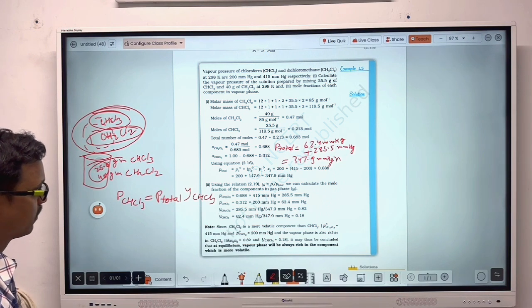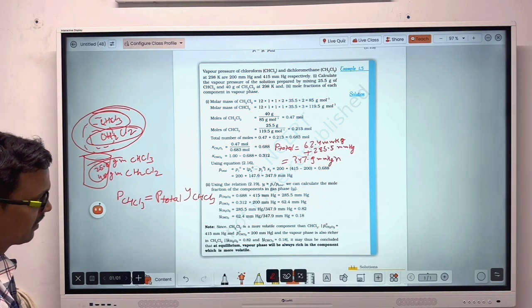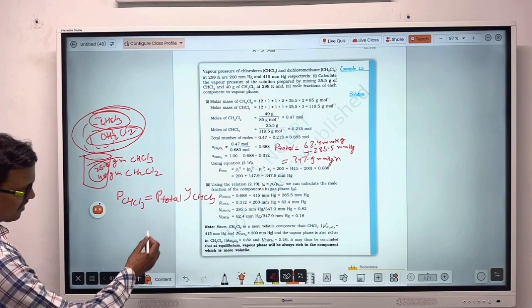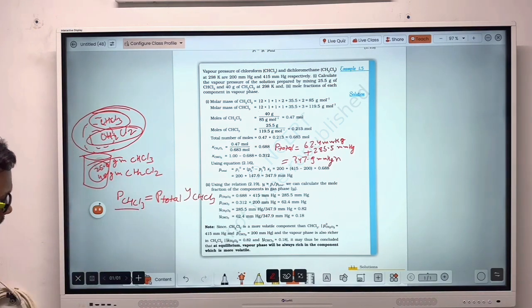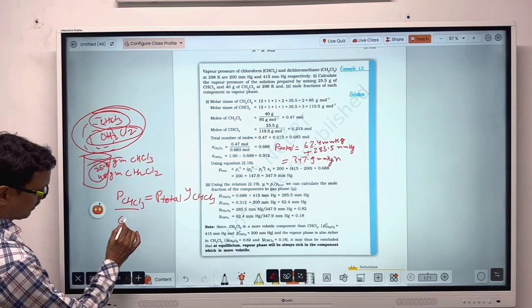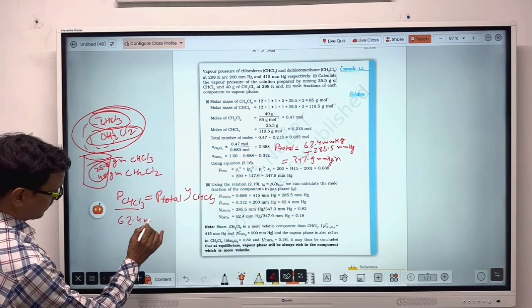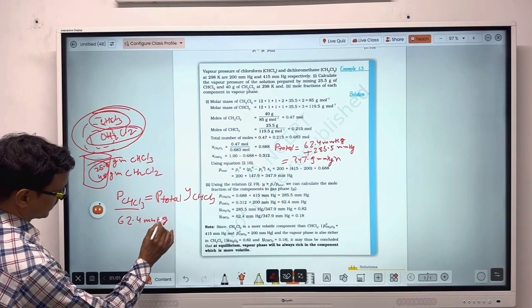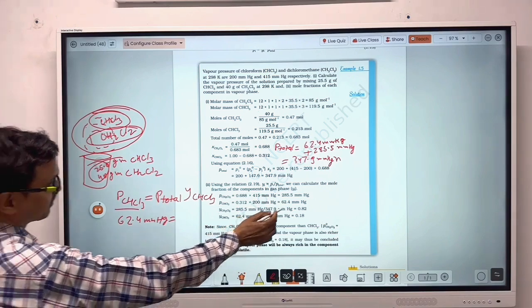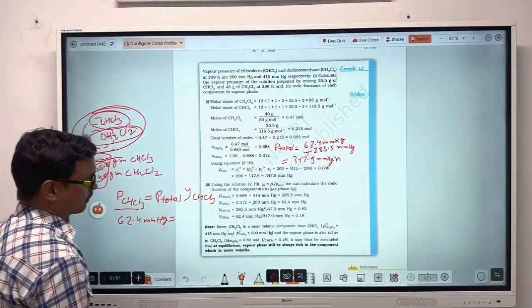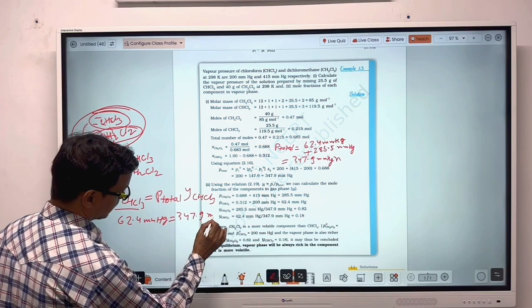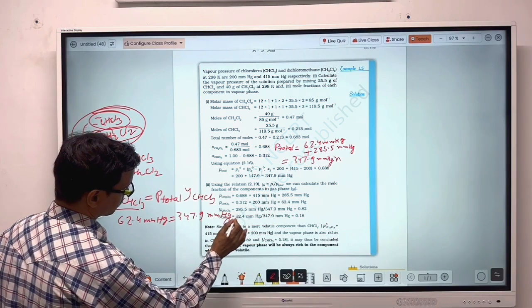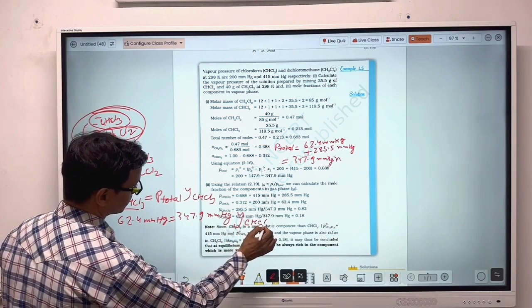The partial vapor pressure of chloroform we have calculated, recall, that was 62.4 mmHg. And the total vapor pressure we have calculated 347.9 mmHg, into mole fraction of chloroform.